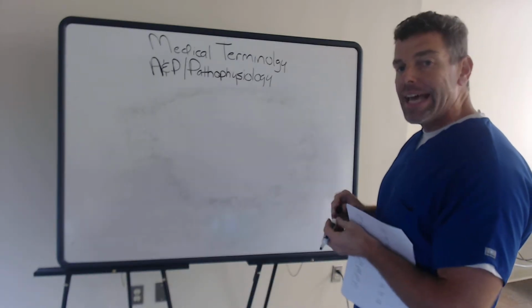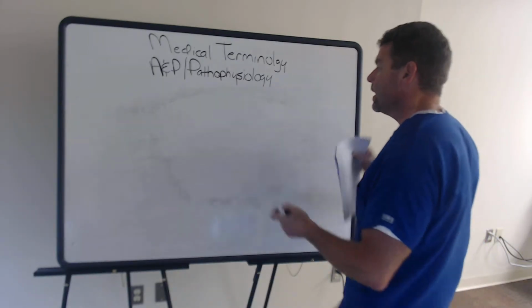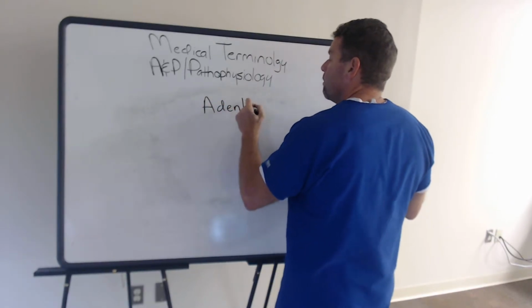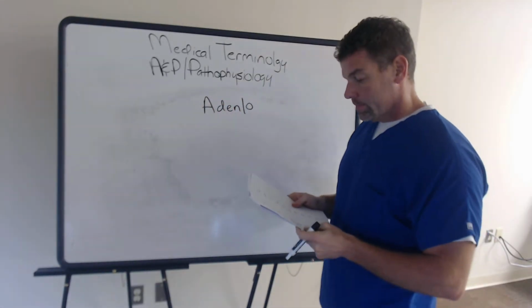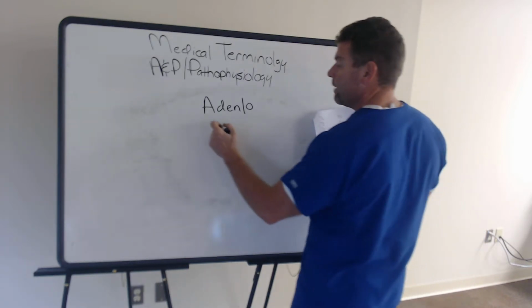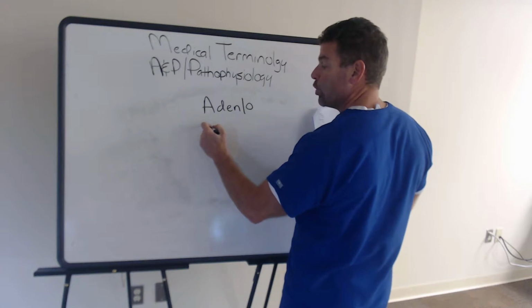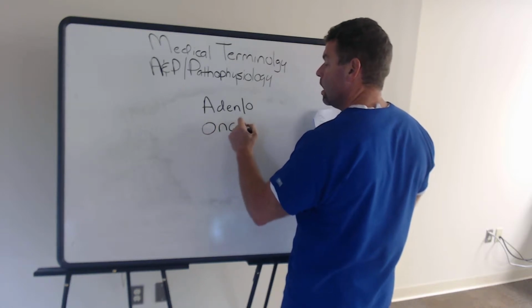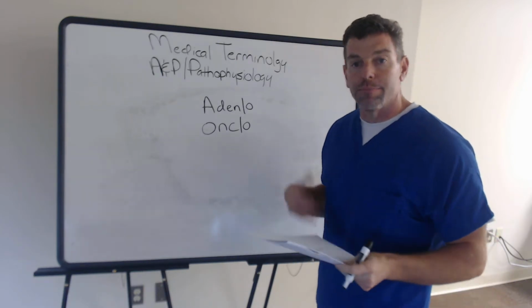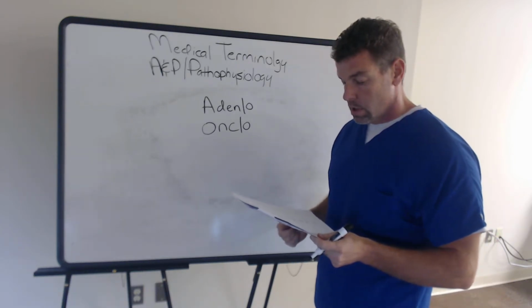Adeno means gland. A combining form that means a mass or a tumor is onco. Oncology would be the study of masses or tumors.